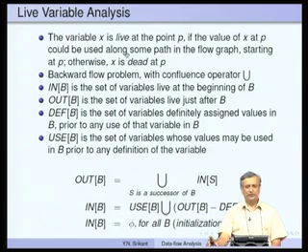When do we say a variable is live? A variable is live at the point P if the value of x at P could be used along some path in the flow graph starting at P, otherwise x is dead at P. So, it is a very simple definition.